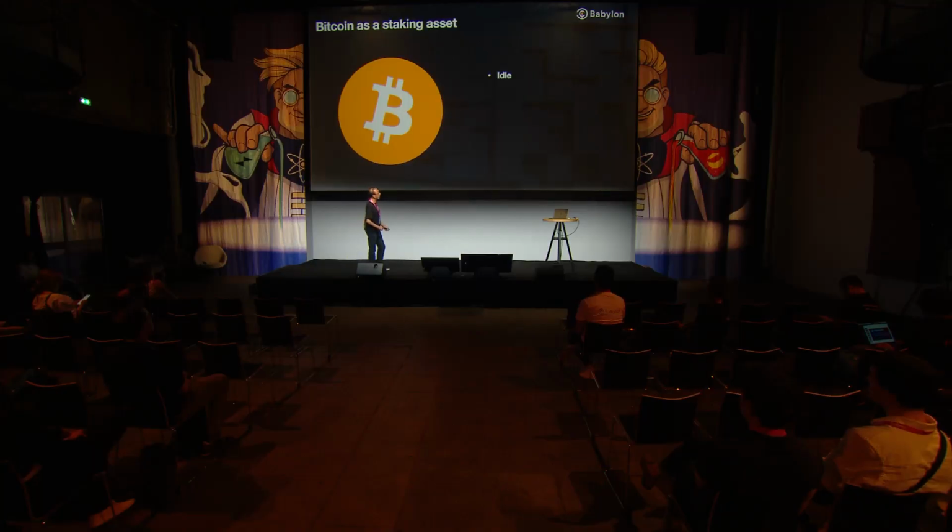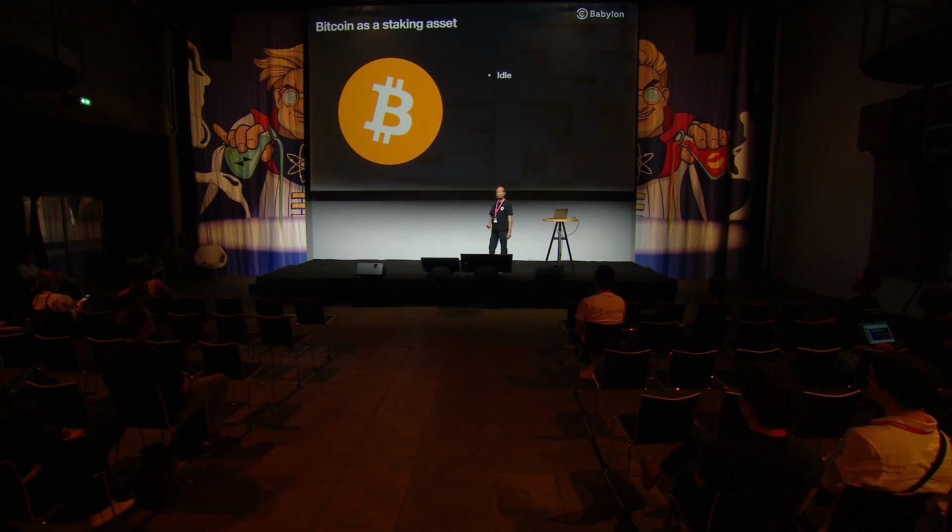There's relatively very little bridging from Bitcoin to the rest of the ecosystem. One of the highest-valued bridged, wrapped assets is wrapped BTC. Wrapped BTC is only about 4.7 billion market cap, which is less than 1% of the total Bitcoin supply. So overall, people hold on to Bitcoin, but they don't really earn much yield. So that's interesting.